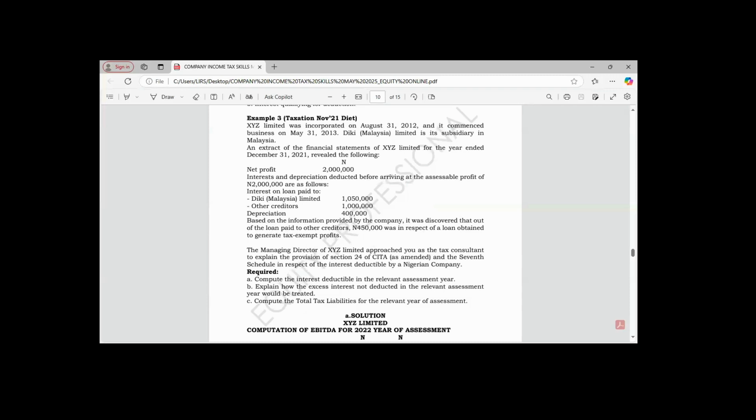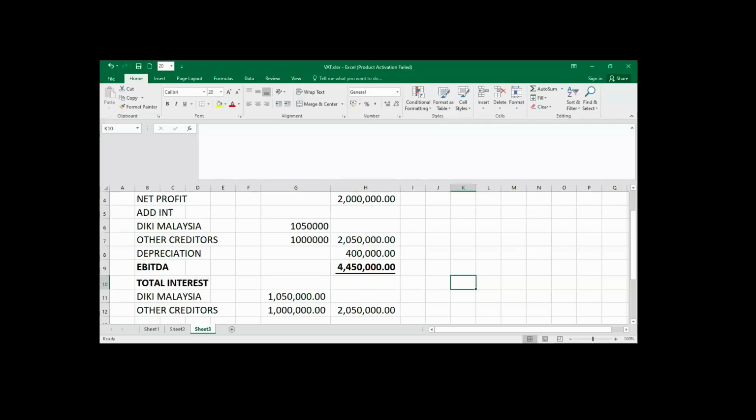Any income that you are not going to pay tax on, they call that tax-exempt income or non-taxable income. Because it is non-taxable income, any expenses that you incur to generate that income should also not be allowable.